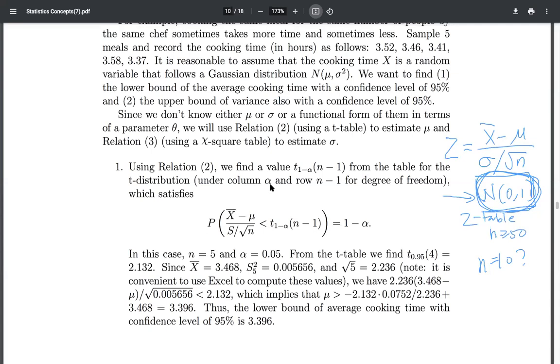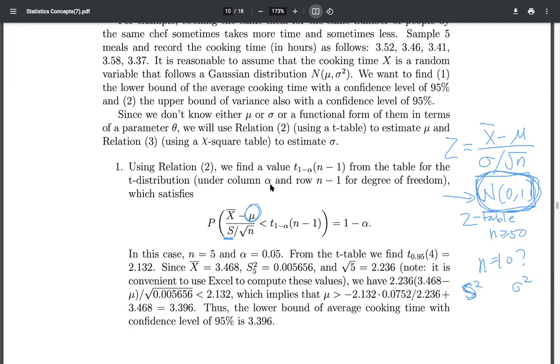Fortunately, in that case we can use another distribution. I'm going to replace the sigma by s. Now remember, s squared is an unbiased estimate of sigma squared. So now I'm going to use s for that. I'm still going to estimate the expected value.